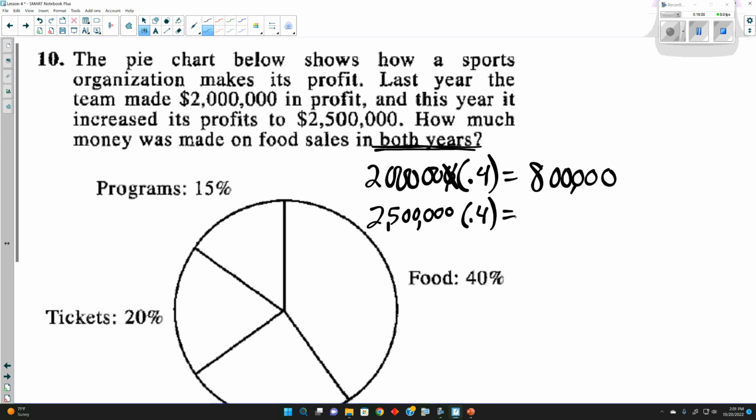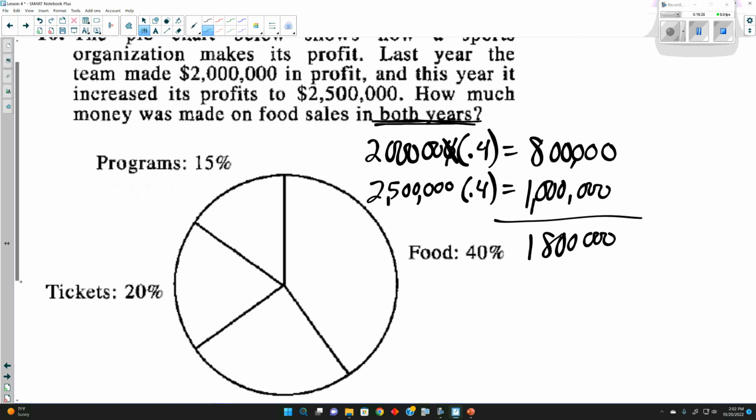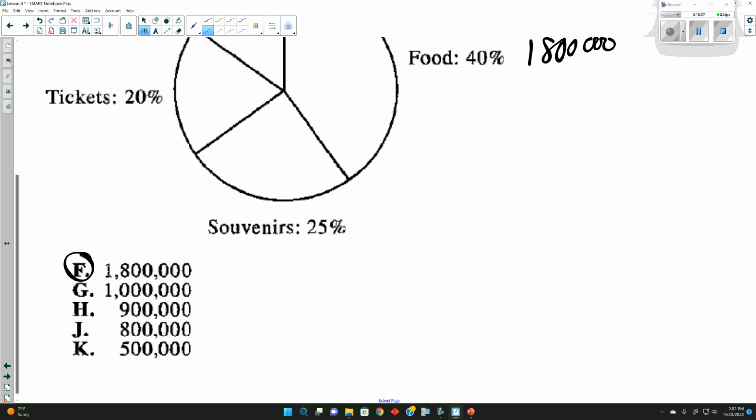And if we do that, we will get, I think it's 1 million, isn't it? I do want to check my work, make sure I did that right. Not lying to you. Because I think so. And if we add these together, we get what? 1.8 million or 1,800,000, which is questions on this here.